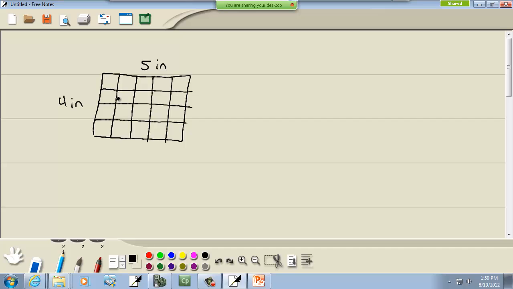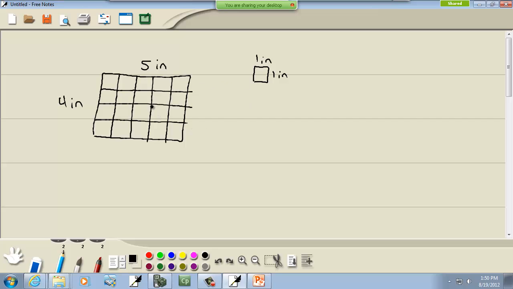Well, I can draw lines here separating inches. This is 1 inch, 1 inch, 1 inch, so forth, so that's 5 inches. And I can draw lines here separating inches. So that's 1 inch, 1 inch, 1 inch. If I drew the lines like that, I'd get something that looks like this. And inside there, we have these little squares that are 1 inch by 1 inch.